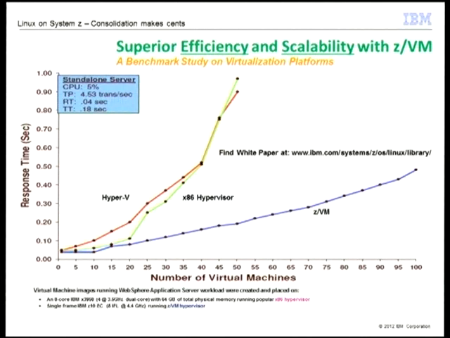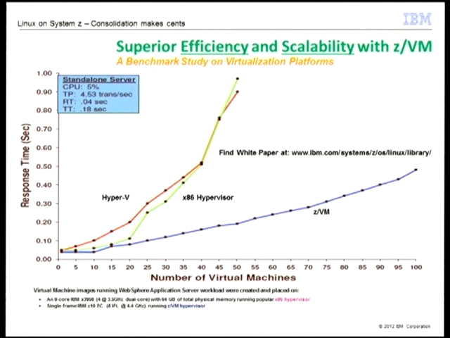I have a nice chart here which compares the number of virtual machines, and you can read the hardware configs at the bottom if you can read them. You see that at some point on the x86 platform, the scaling breaks. The response time goes up very fast, and you're hitting some kind of ceiling. And z/VM just keeps on going on actually half the number of processor cores.